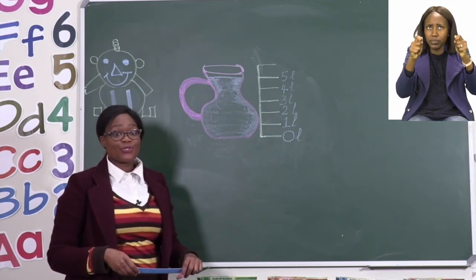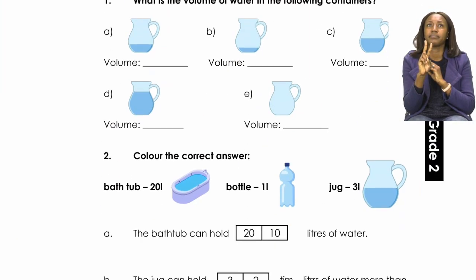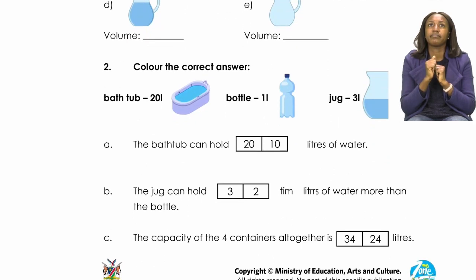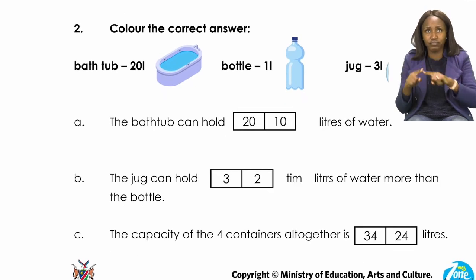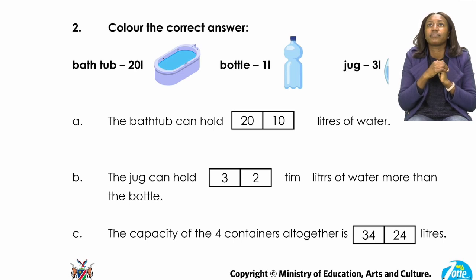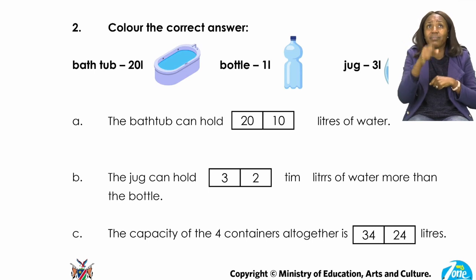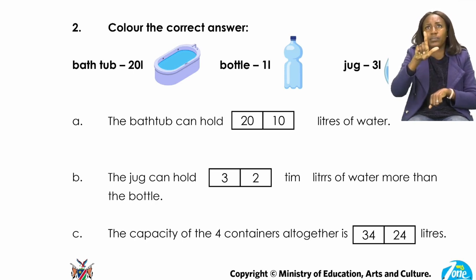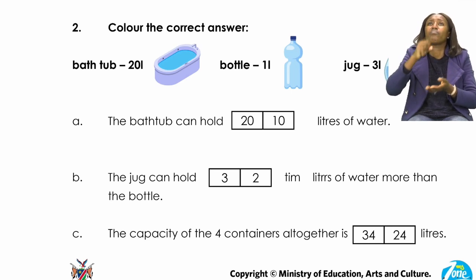Let's now see what number 2 wants us to do. For number 2, it is a little different now. We have been given the containers. Our job is to color the correct answers in the boxes below. It says that the bathtub can hold 20 liters. The bottle is 1 liter and the jug has 3 liters.